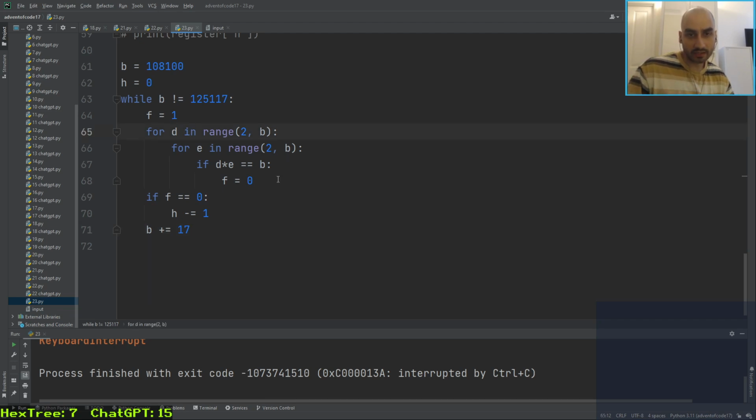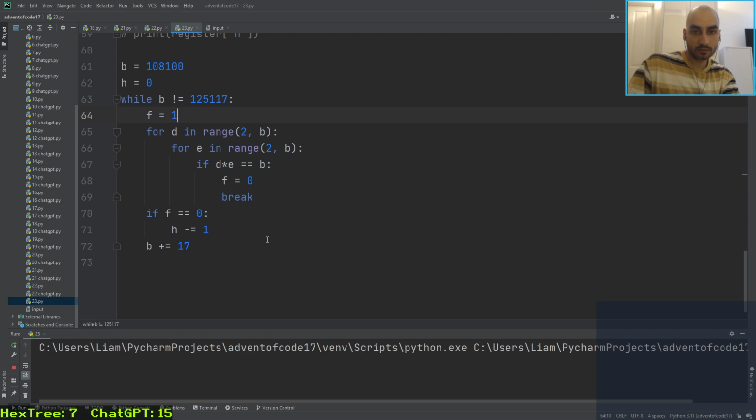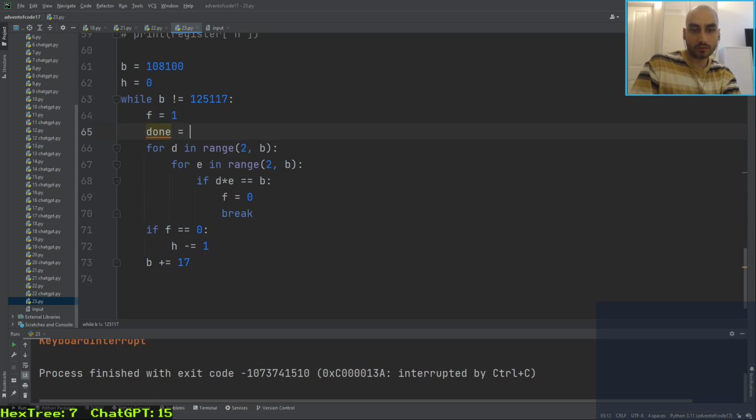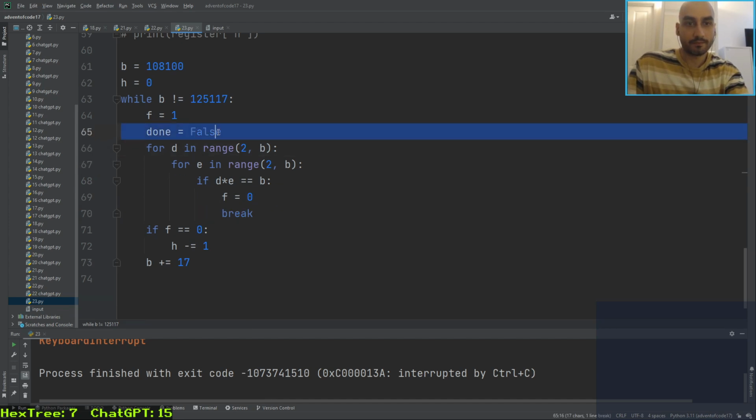Now, what could we do here? We can break out of this, because we don't need to try all the other values. See if that actually speeds up. We can break out of this whole thing, actually.